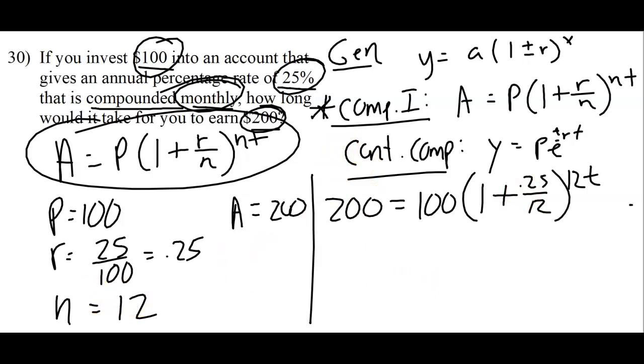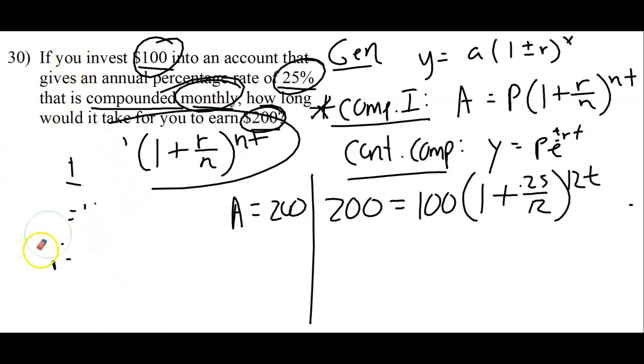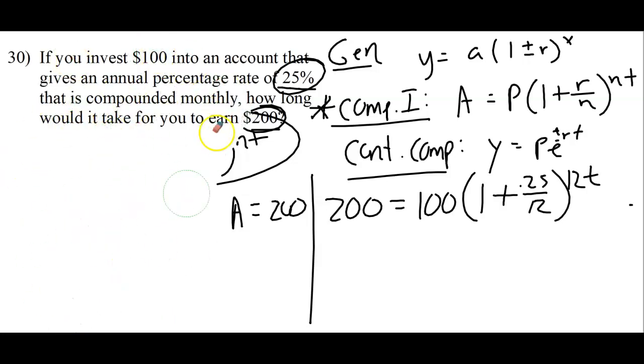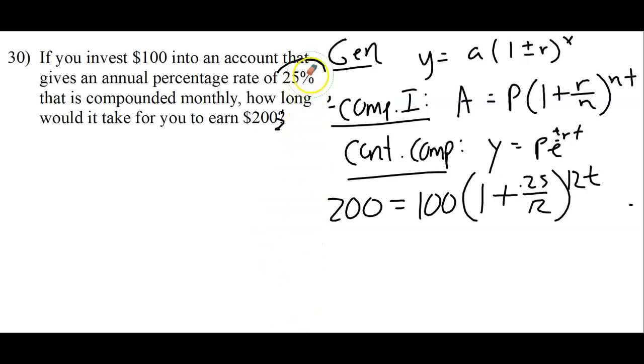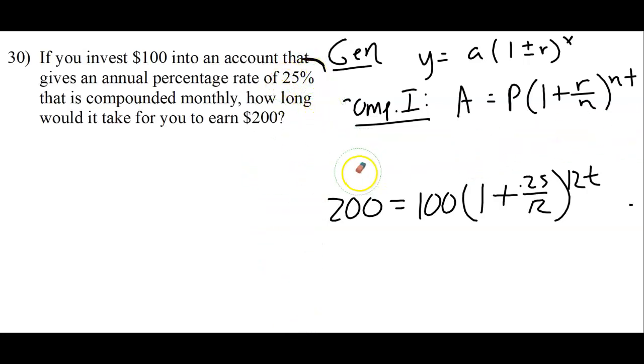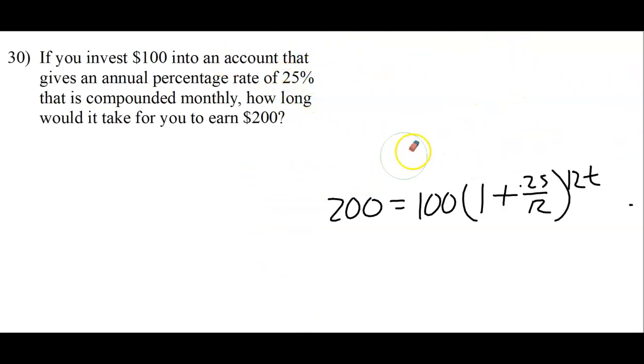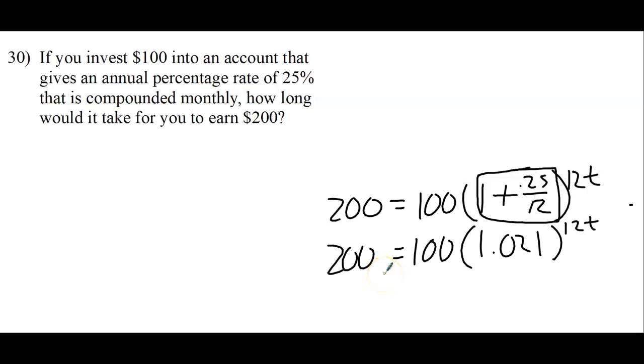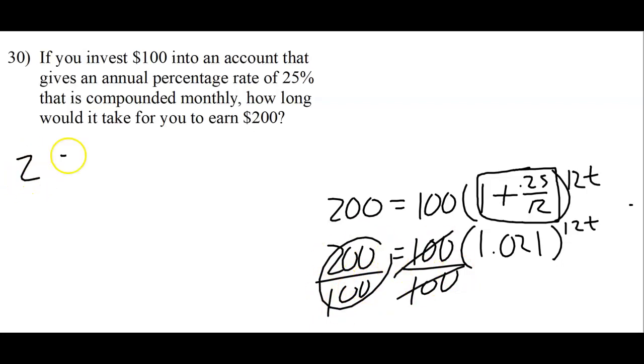So let's go ahead and begin here. I think I'll go ahead and make some room for myself here. All right, so step one is going to be to do, well, we could probably simplify this first real quick. What's 1 plus 0.25 divided by 12? And I get 1.021. Next, I'm going to get rid of the 100 by dividing that off of both sides. 100 goes into 200 twice.